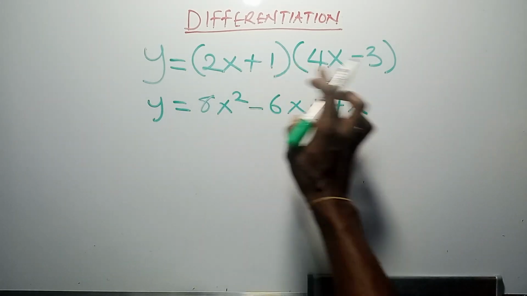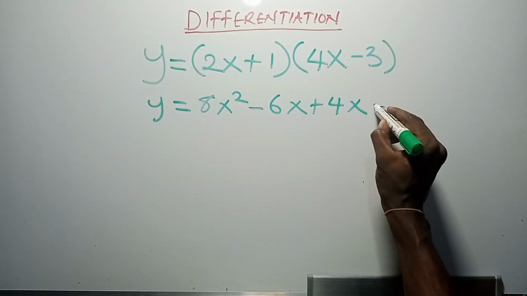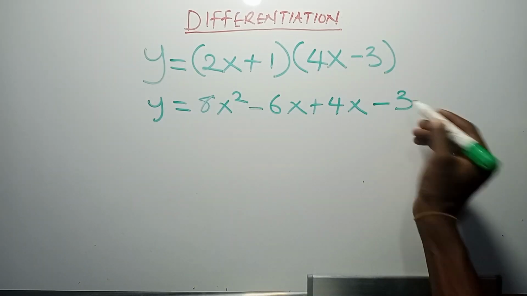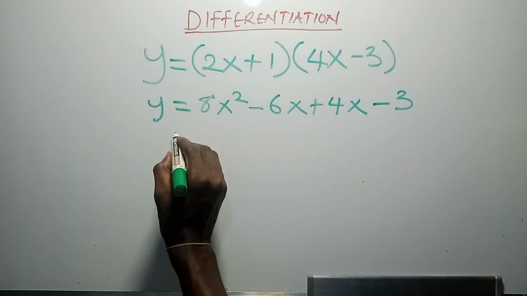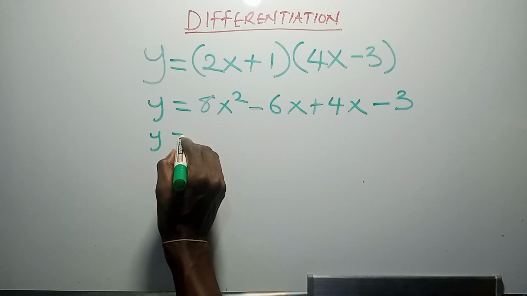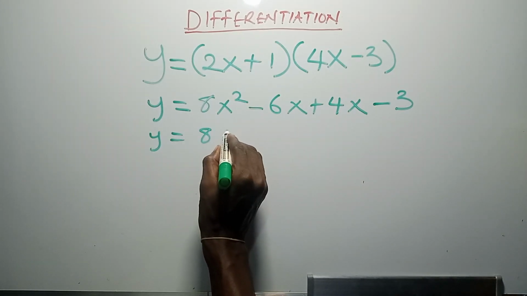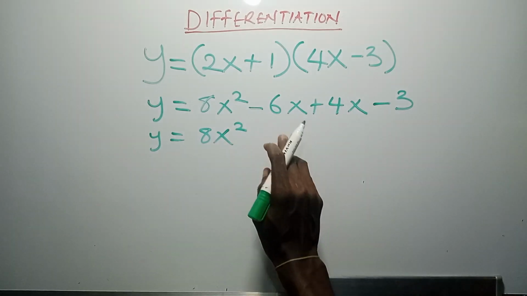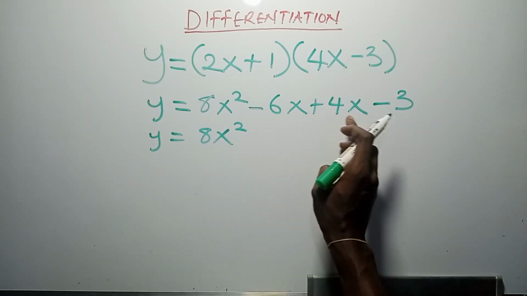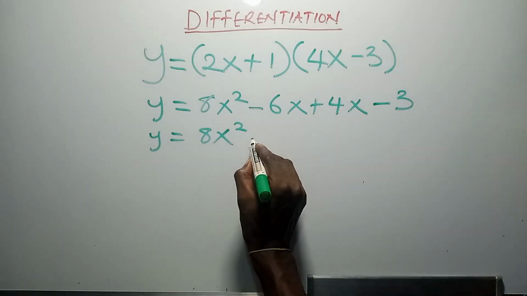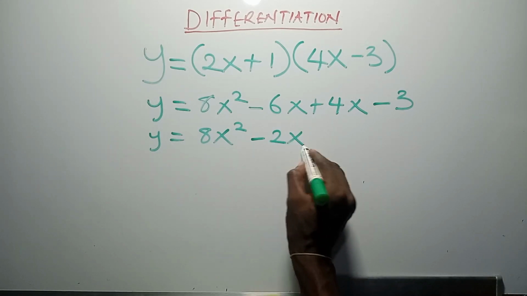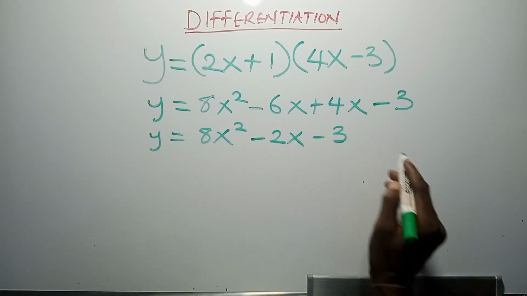Then 1 times minus 3, we get minus 3. So let's simplify further. We get y is equal to 8x squared minus 6x plus 4x minus 3, which is 8x squared minus 2x minus 3.